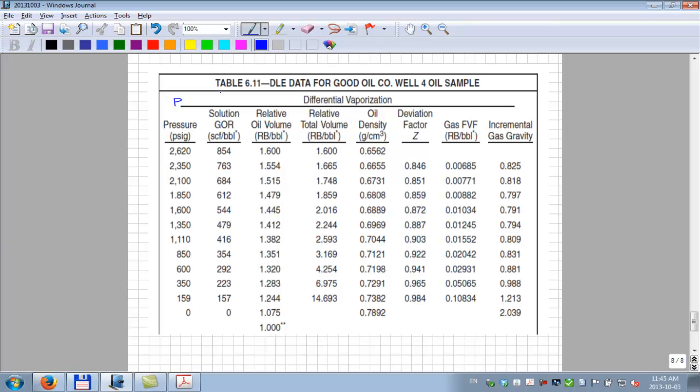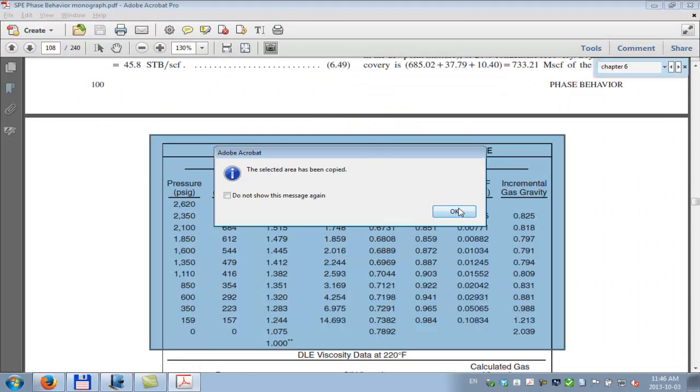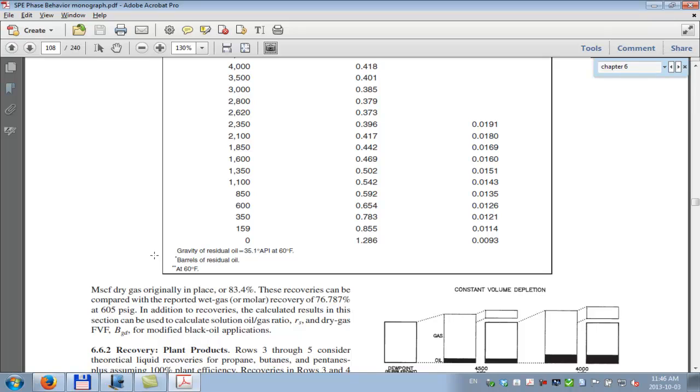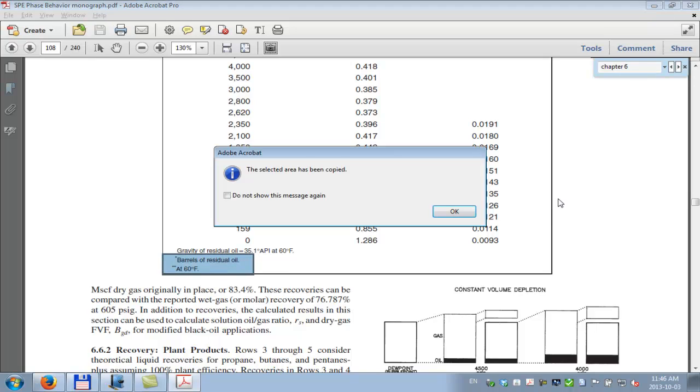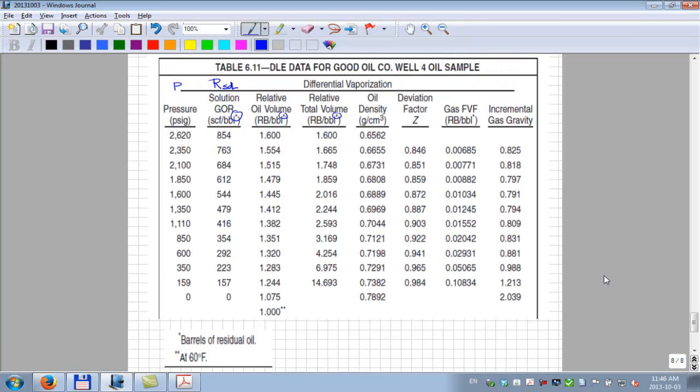Solution gas oil ratio, RSD. There's an asterisk to the barrel here each time. That's to make sure it's clear what we're talking about. Barrels of residual oil at 60 degrees Fahrenheit.